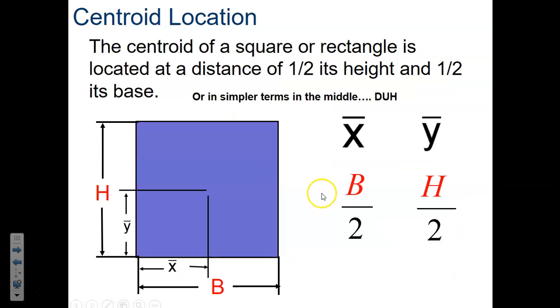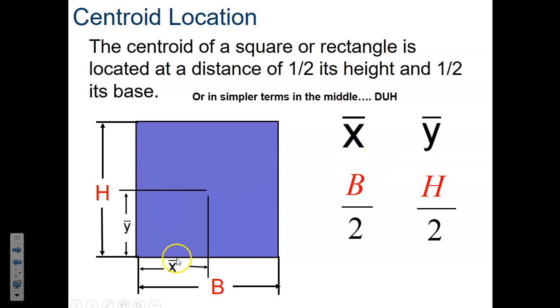Okay, so some formulas. You do not need to memorize these; they're on your equation sheet, but some of them are pretty straightforward. Some of them you already know. For example, this one. Here we've got a square or a rectangle, and there's going to be a centroid in the x direction and a centroid in the y direction, and then to find the actual location, you would plot it like a graph.